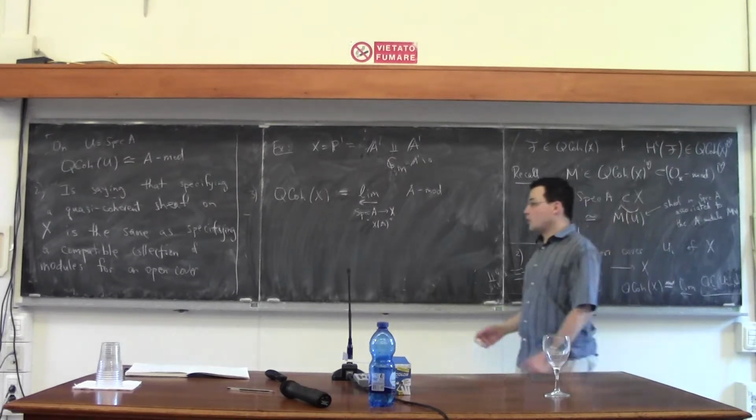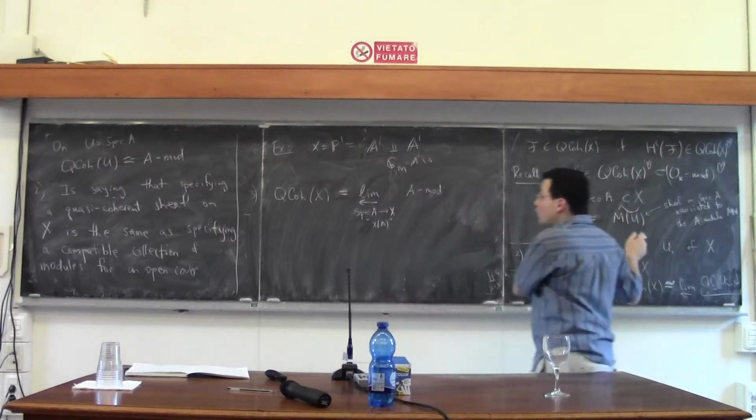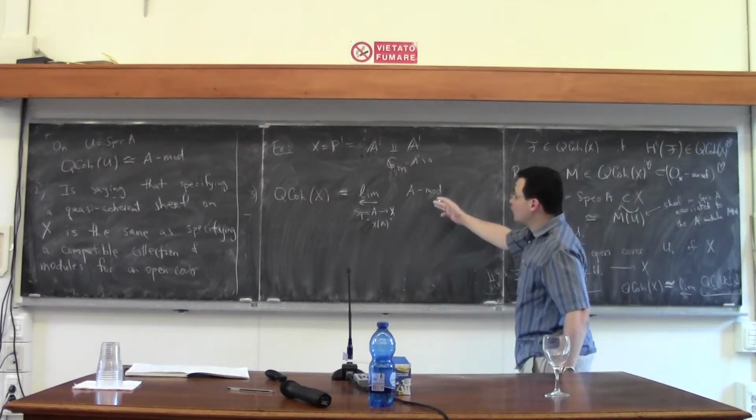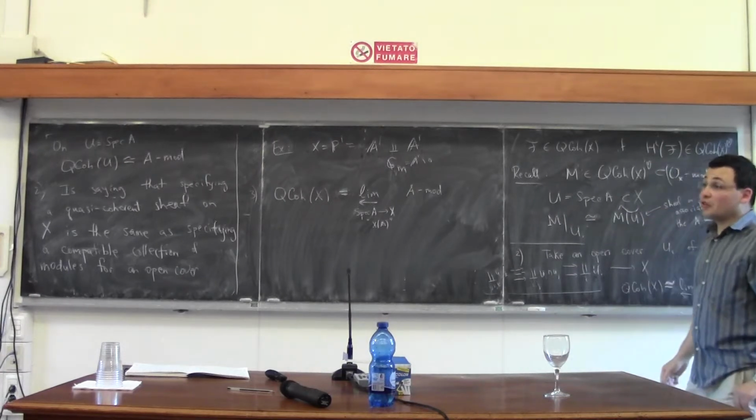So, well, maybe it's not a priori clear that this definition is equivalent to this one, but at least it's absolutely apparent that it is completely canonically associated to X.